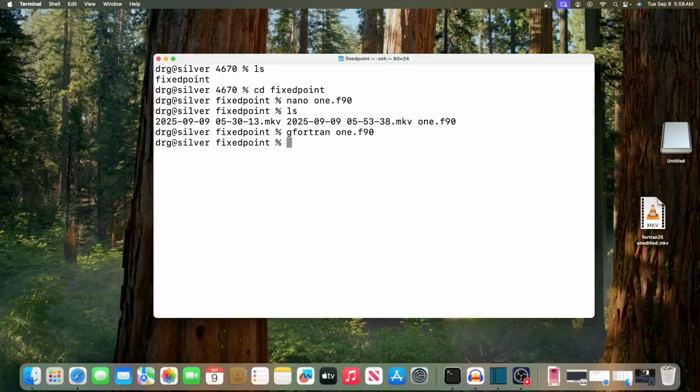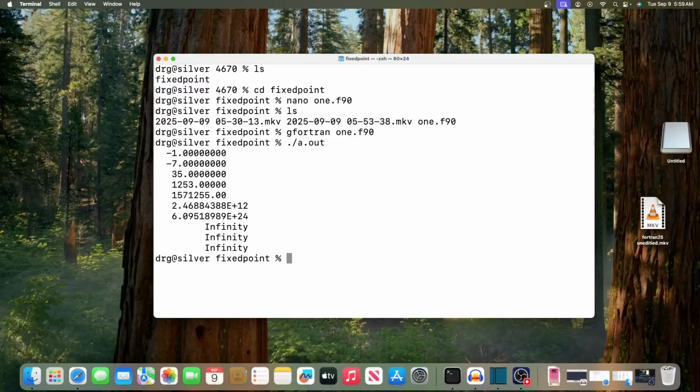In a perfect world, when I run this, the fixed point iteration will settle down to 2.6 some odd. Unfortunately, that's not what happens. I get a -1, a -7, then I get a 35, then I get a 1,253, then I get a much bigger number than that.